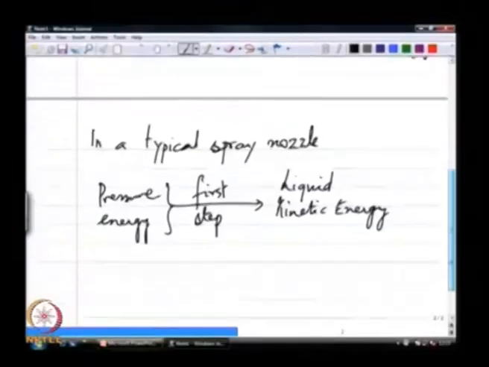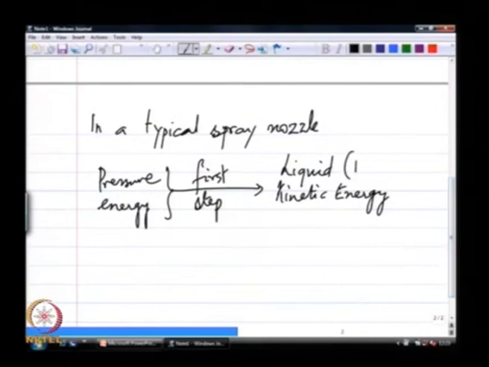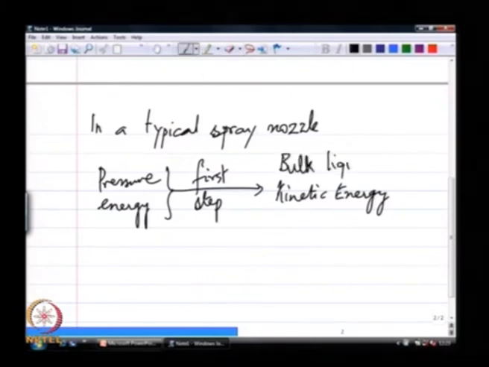And then that increased liquid kinetic energy, I will call this bulk kinetic energy of the bulk liquid. Let me be a little more precise with this. So, essentially I will say the pressure energy is converted into bulk liquid kinetic energy. Okay. So, it is still bulk liquid.